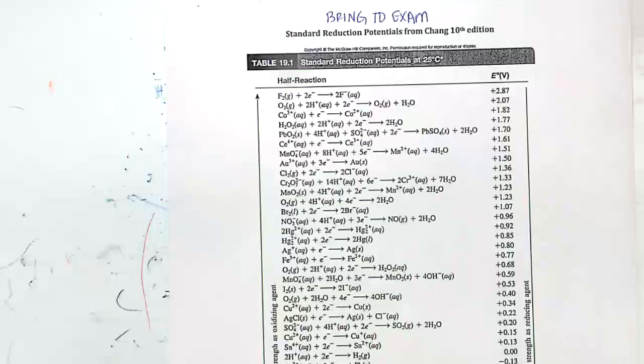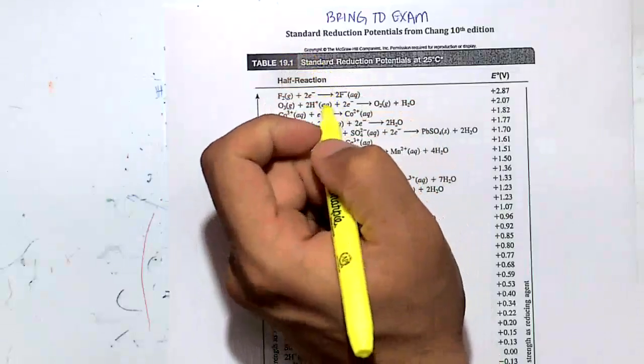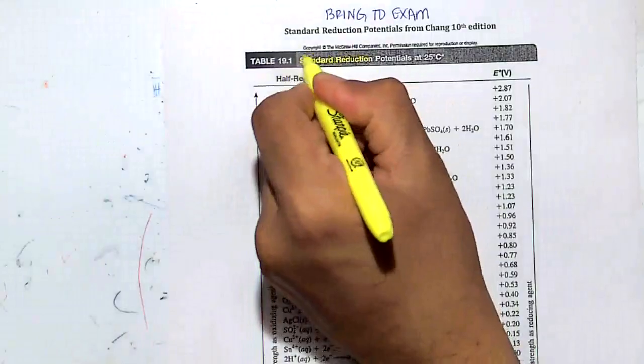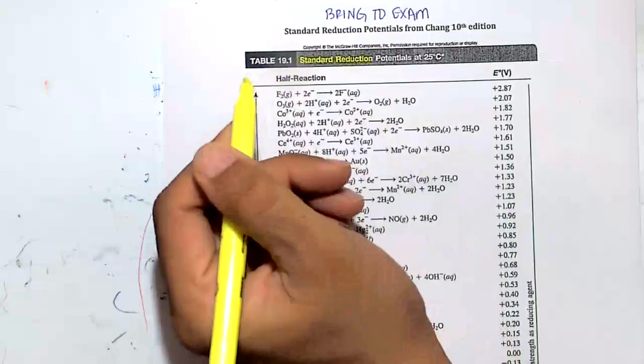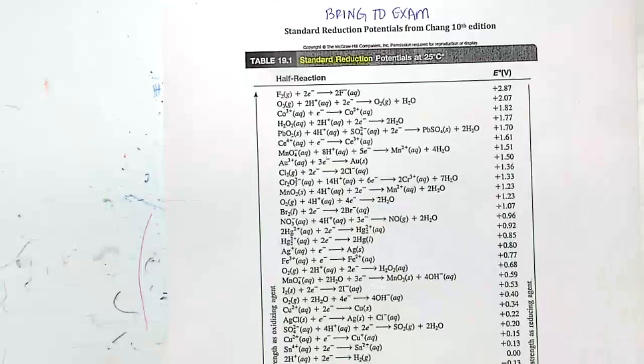Okay, first and foremost, what type of reactions are these? Are they oxidation or reduction? These are reduction reactions, which means what's happening? Are they gaining electrons or losing electrons?